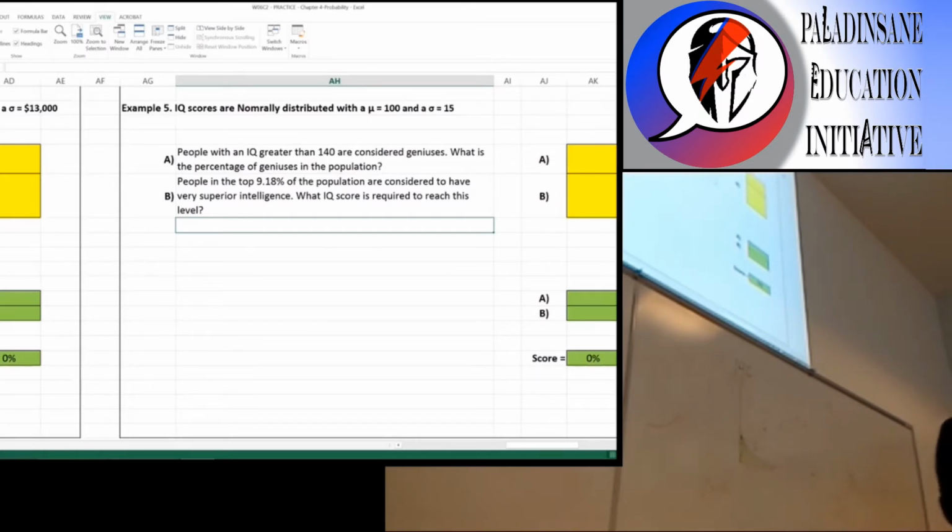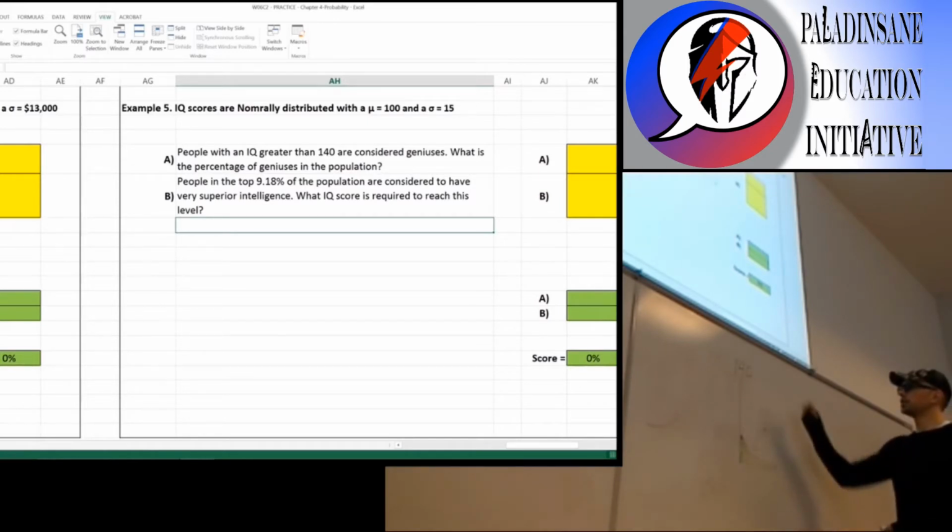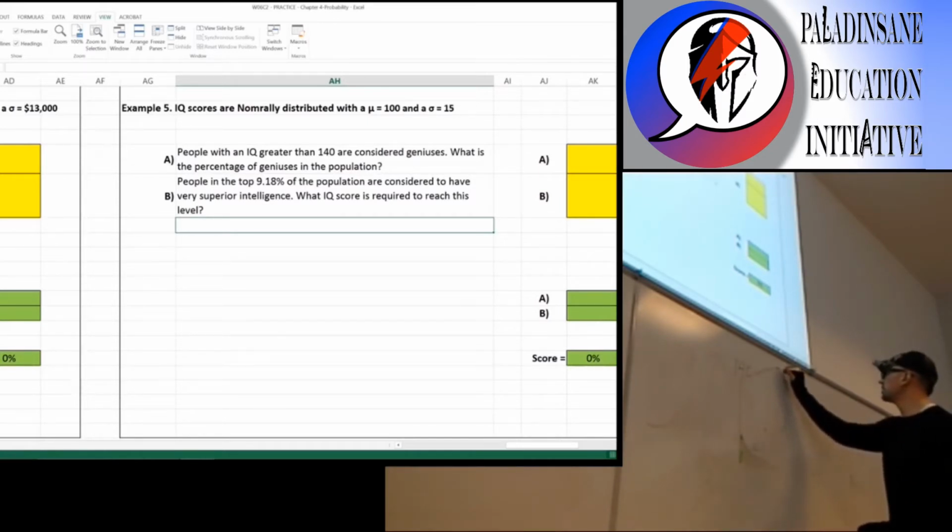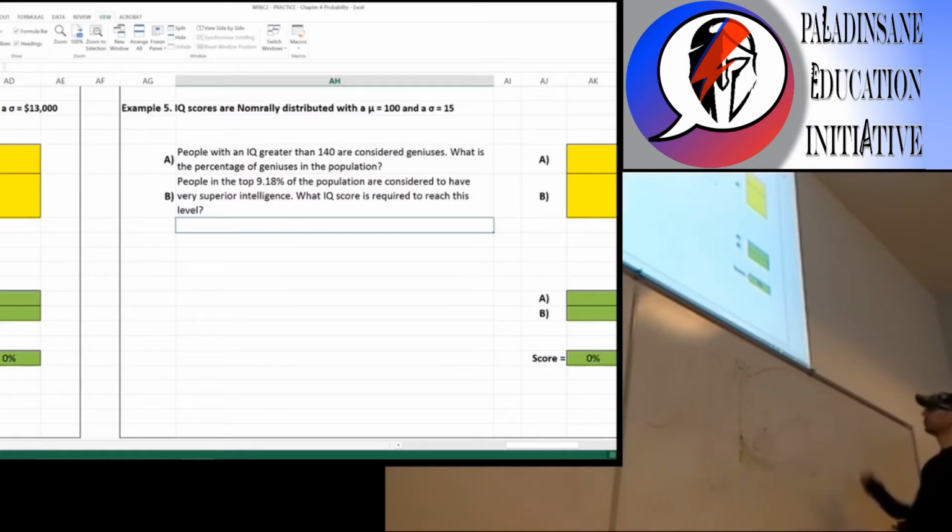What we don't know is what that 140 is going to change into. So we need to do that calculation. This is where we use our formula: a z-score equals your raw score minus your mean, all divided by your standard deviation.